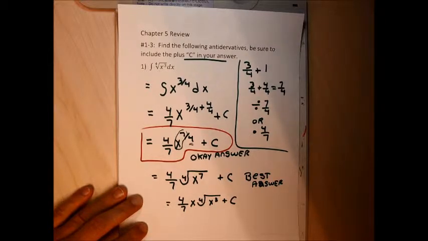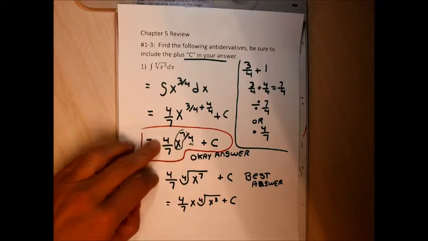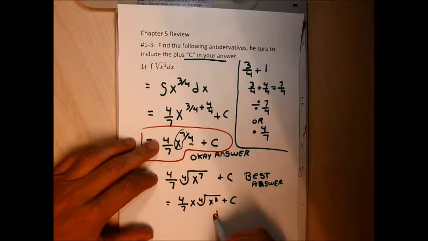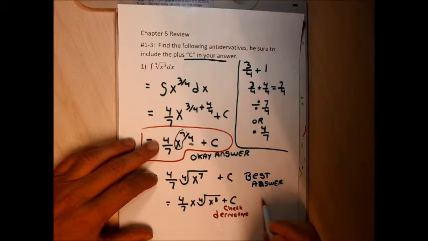And to check an answer to an antiderivative problem, you have to take its derivative and make sure that it equals the original problem or something that can be transformed into the original problem. So I'm going to check by finding the derivative of 4/7 x to the 7/4 plus c.